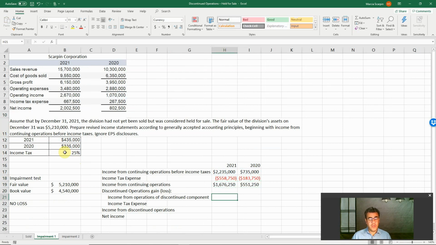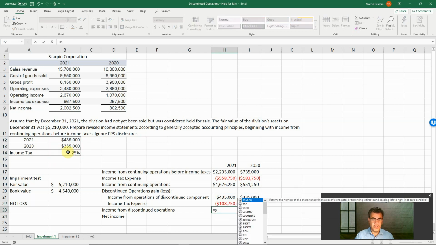And discontinued, we only have this contribution here because we have no loss on the impairment test in 2021 and 2020. Income tax expense 25%.